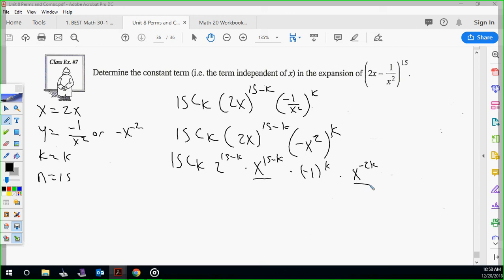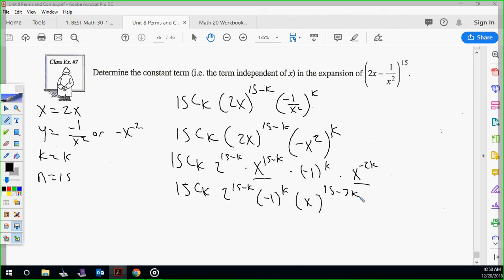So now it's going to be 15 choose k, 2 to the 15 minus k, -1 to the k, and then it's going to be x. And then I add the exponents. 15 minus k plus a -2k. 15 minus 3k. So let's pause there. Any questions how to get there?